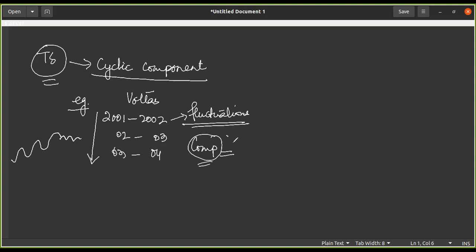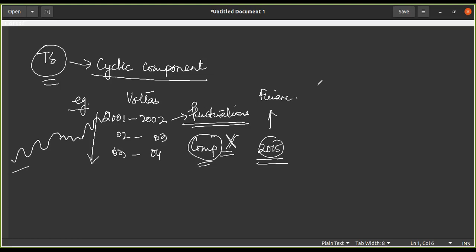Then this competitor shut down, and the trend went back. Again, some competitor came in the year 2015, or maybe some downtime came, or some financial effects were there.